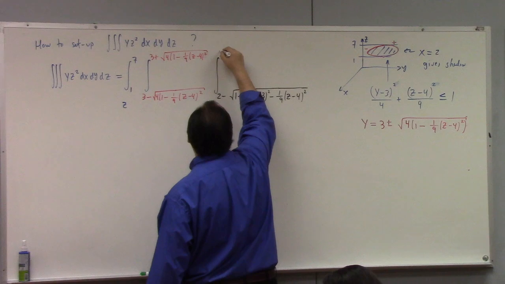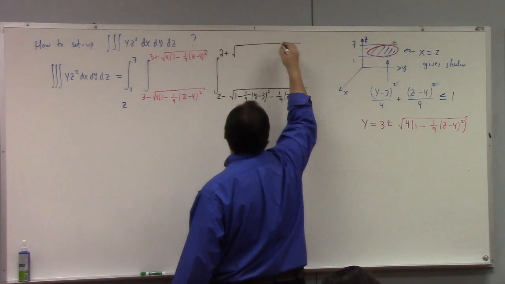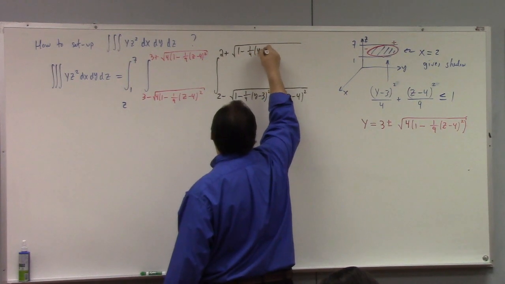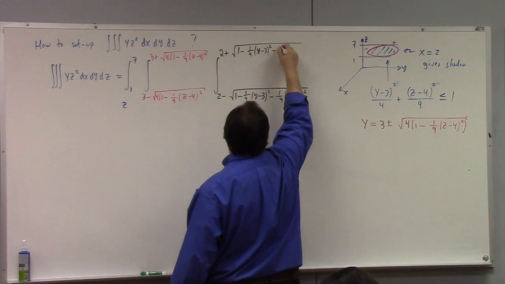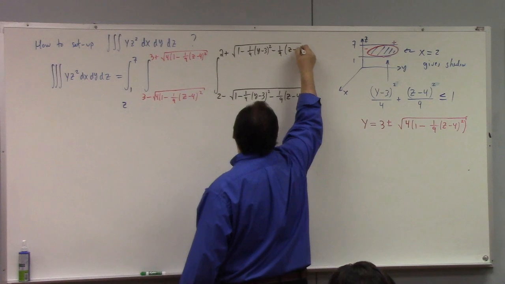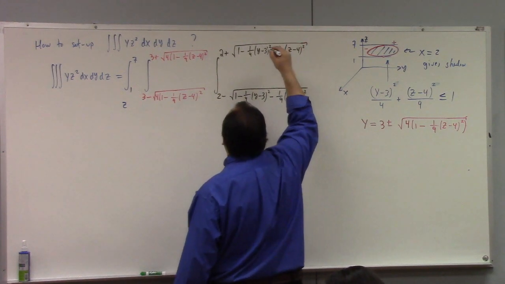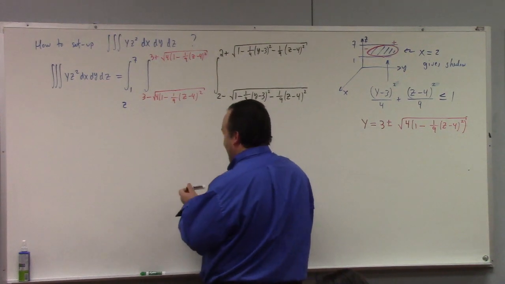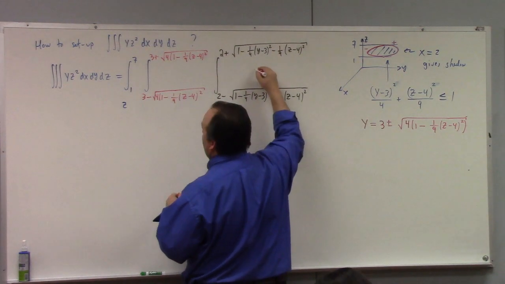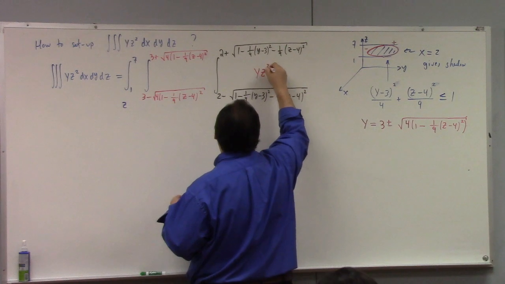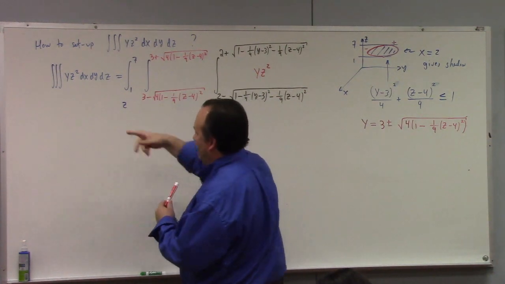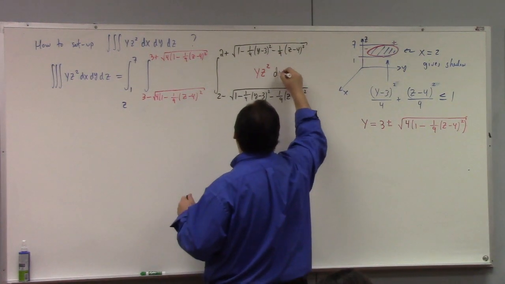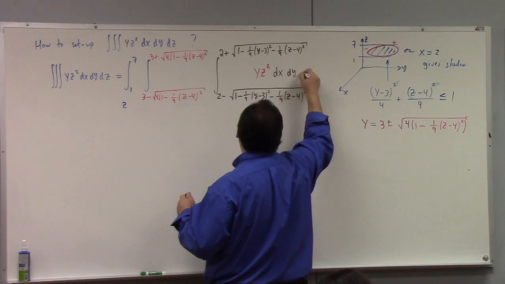And then up here we've got 2 plus the square root of 1 minus 1/4 y minus 3 squared minus 1/9 z minus 4 squared, like so. And then inside, the very easy part, yz squared. And I guess I already had the dx, dy, dz over there.